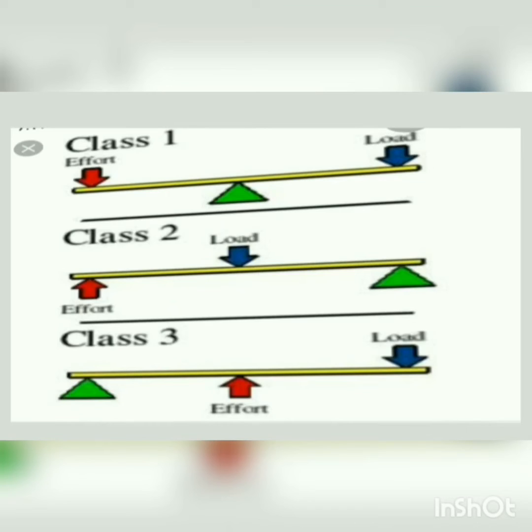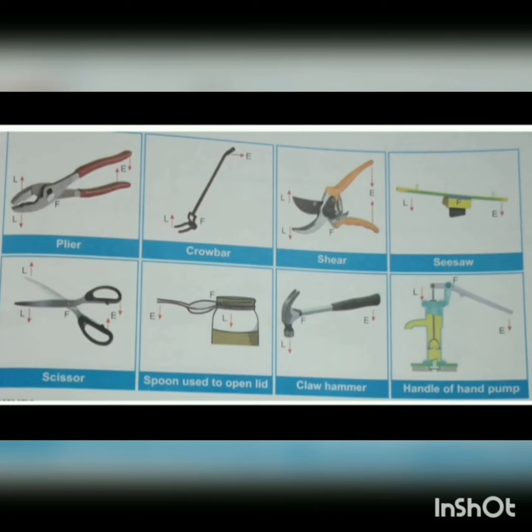Okay. So, firstly, class 1 lever examples. In class 1 lever, plier, crowbar, shear, scissor, seesaw, so many other examples are there.